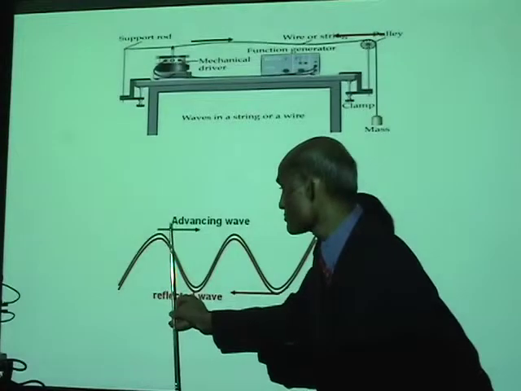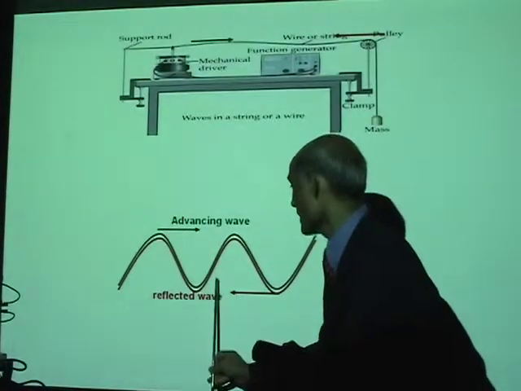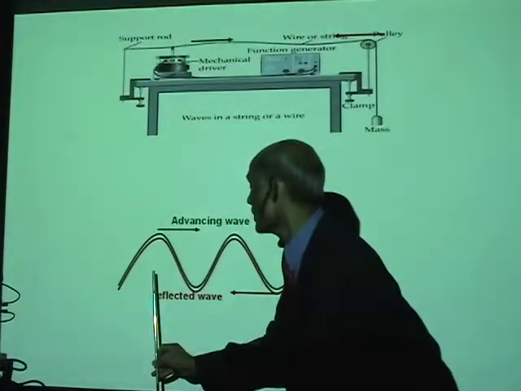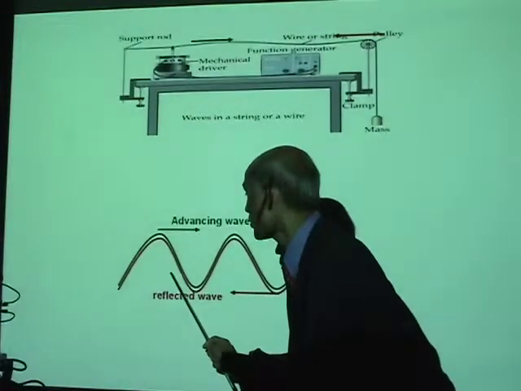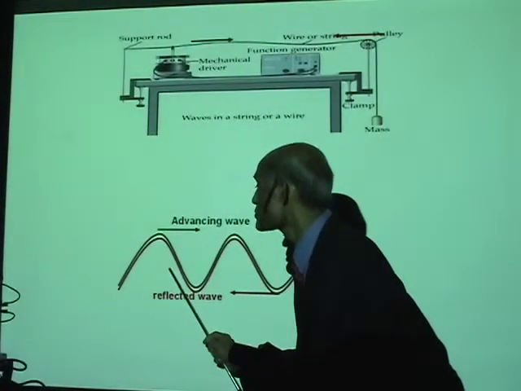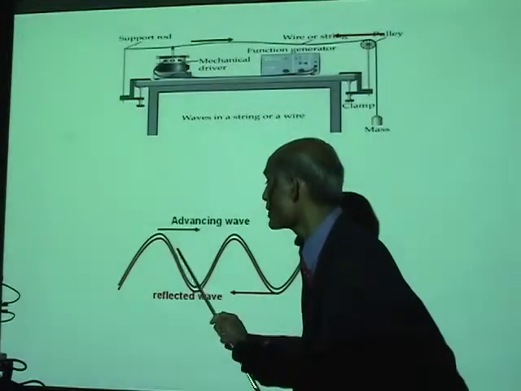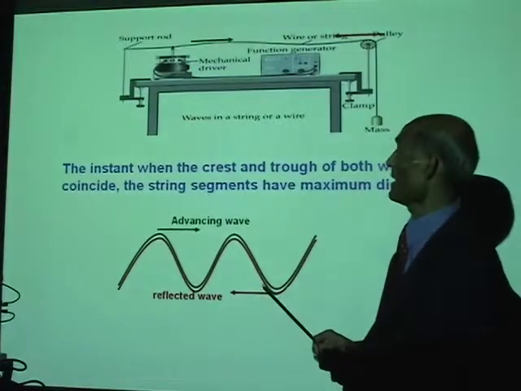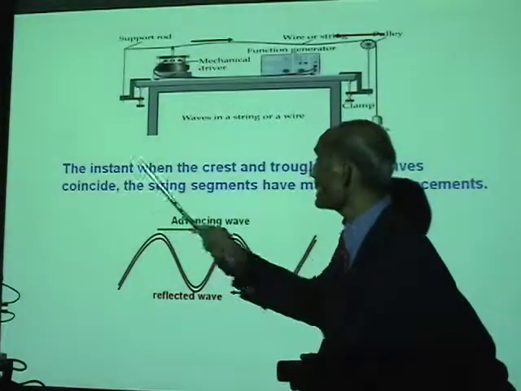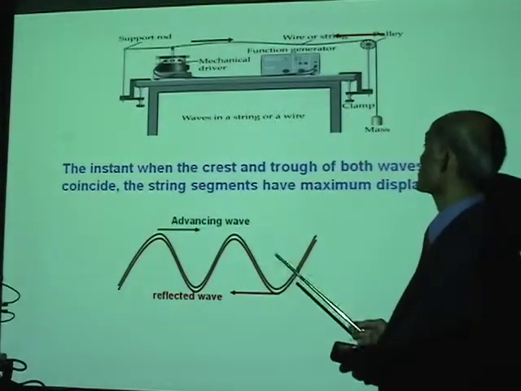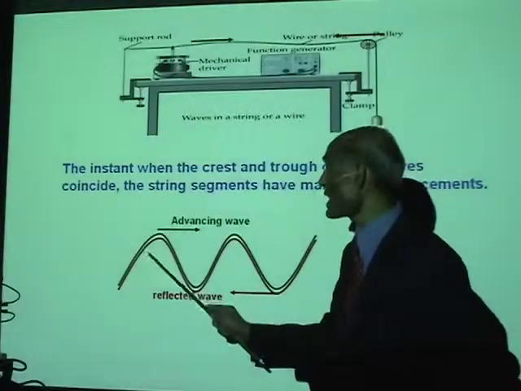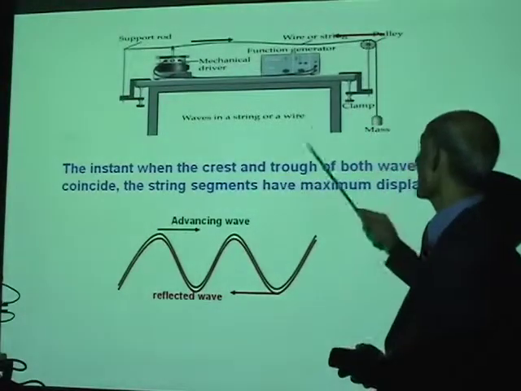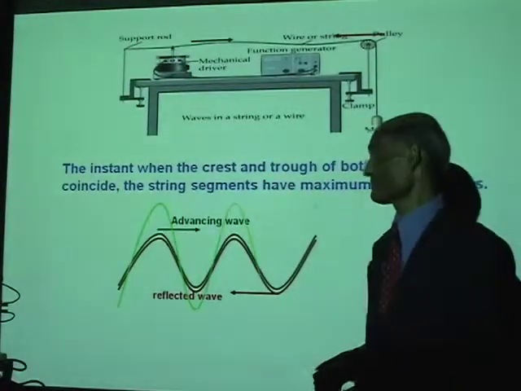The green wave is moving forward and the red wave is moving backward. You can imagine a particle somewhere here will soon be on the crest of one wave and the trough of the other wave. So the instant when the crest and the trough of both waves coincide, the string segments have maximum displacement.